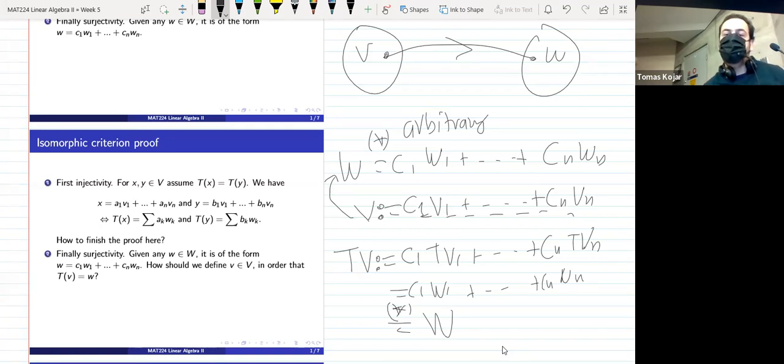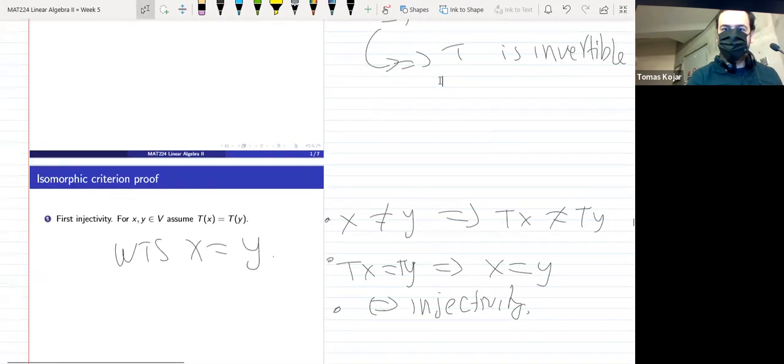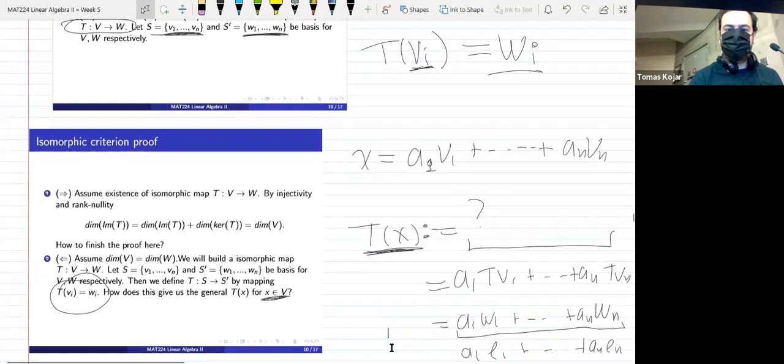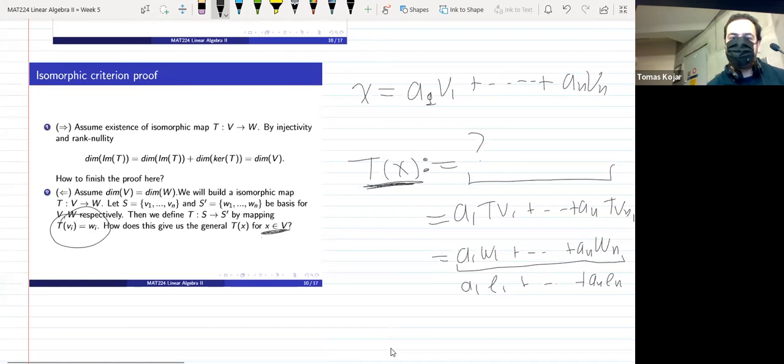Oh, because V is a subspace. So T, okay, I mean, this is what you said a few minutes ago, right? Let me go back to how we defined T(x) for any x in V. It was precisely this, so this was the definition.